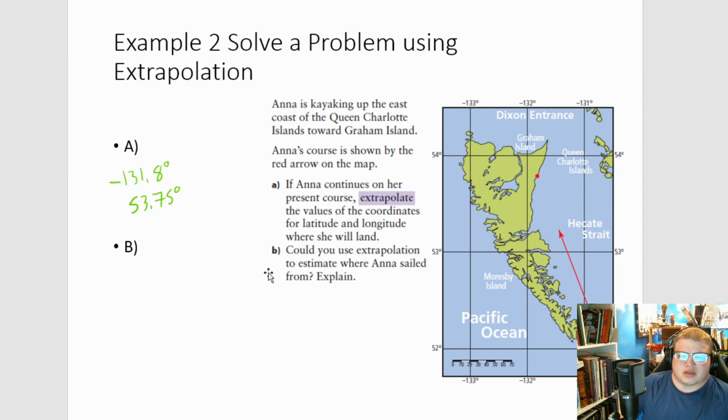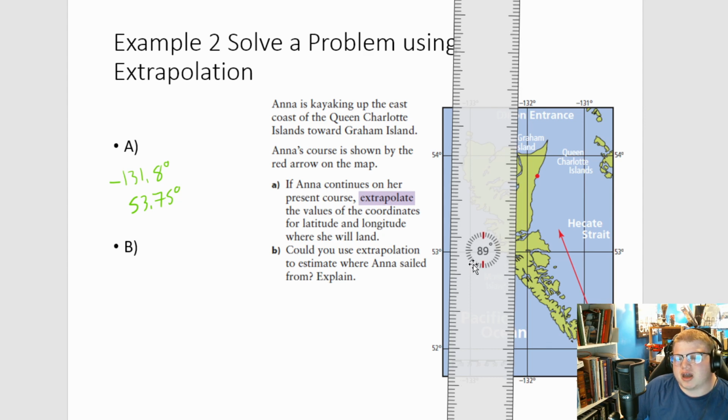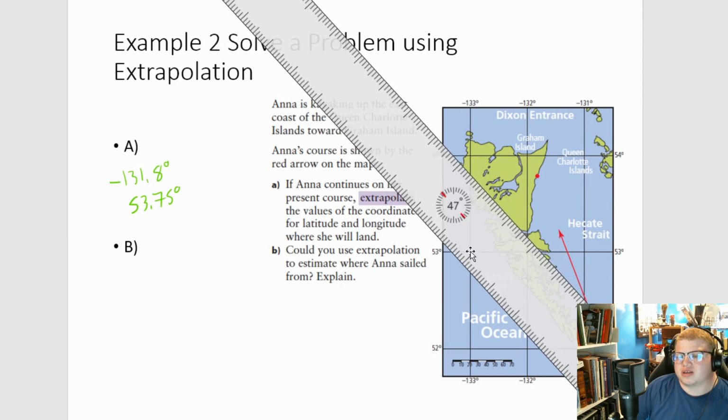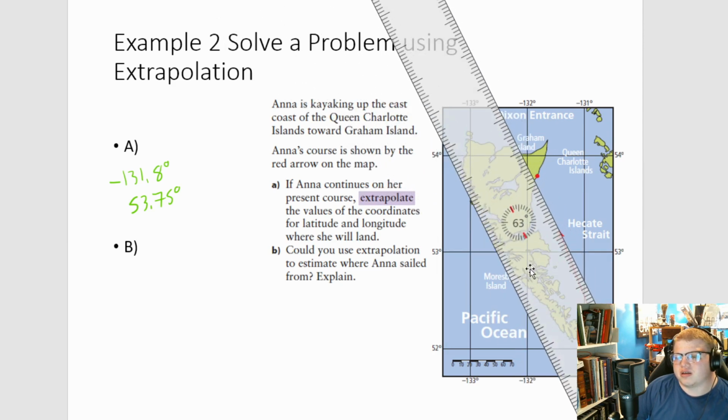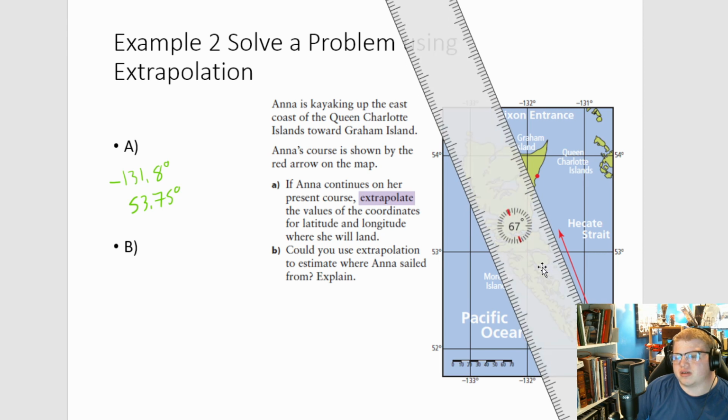Now, the second part is they're asking, could you use extrapolation to estimate where she sailed from? In the context of the graph we have here, you can't, because we don't see the other island. But if you had a bigger map, you can definitely go like this and line up with her line and estimate where she started, on the mainland or maybe on another island.